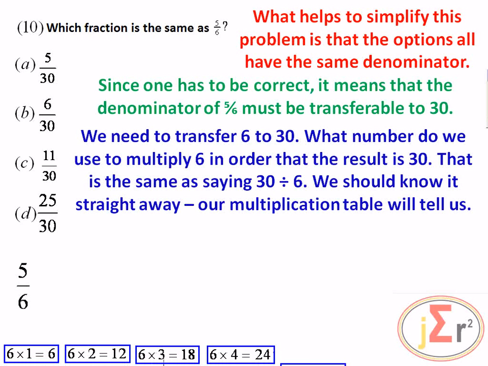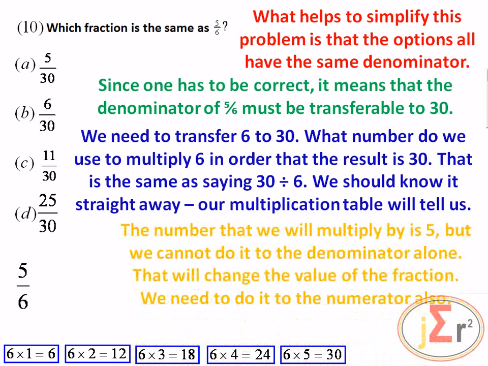And we did not even need to include it there, because Jerry, even before the problem was properly asked, figured out that the correct answer is option D. The number that we will multiply by is 5 because we need to transfer 6 to 30. 6 5s, 30. So 30 is our target. 6 is where we are starting at, and 5 is what we use to get there.